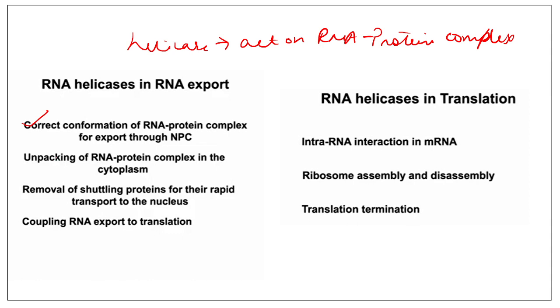Second, they are involved in unpacking, because when they unwind, they also unpack the RNA-protein complexes. Then they are used for removal of shuttling proteins. They remove some proteins also, and they are also required for translation, which we are going to study here. These are the points to be maintained for the export of RNA: the RNA-protein conformation has to be correct, the complex has to be unpacked, and the extra shuttling proteins removed.